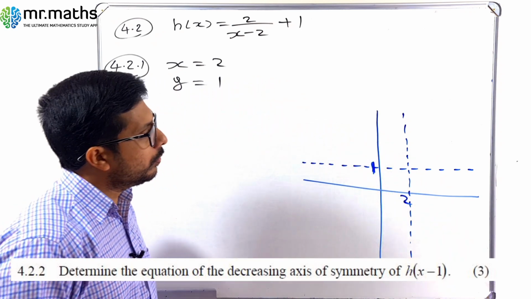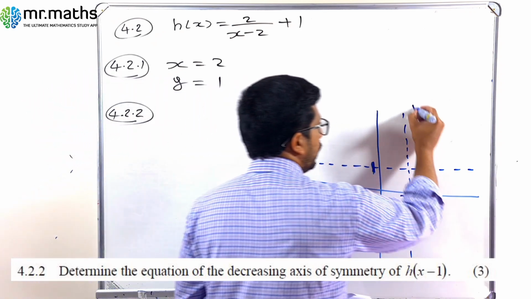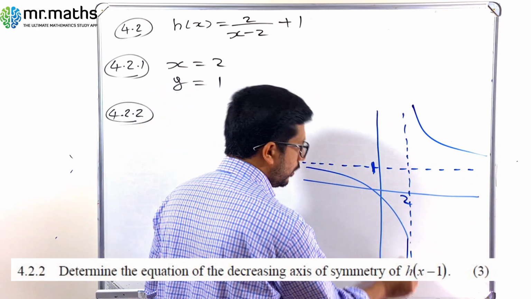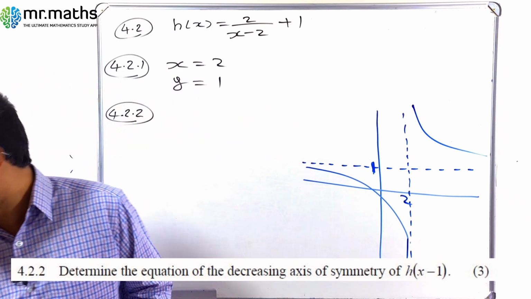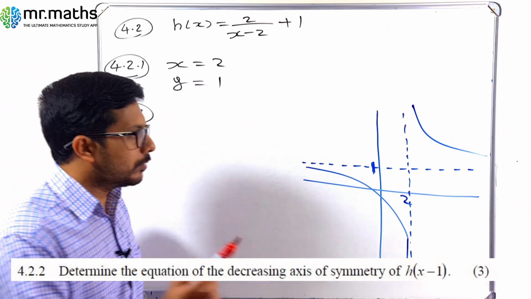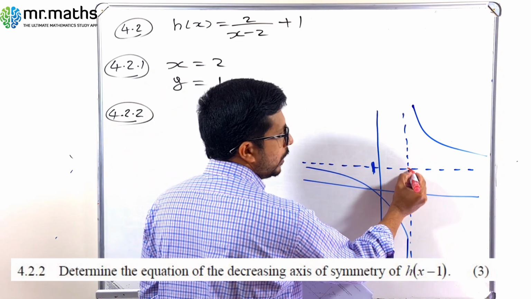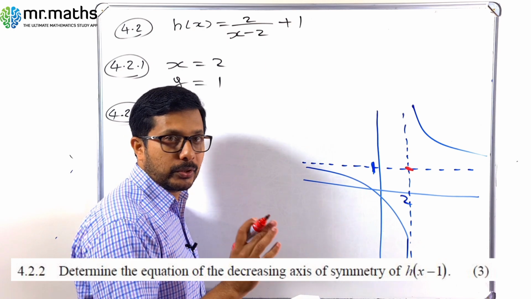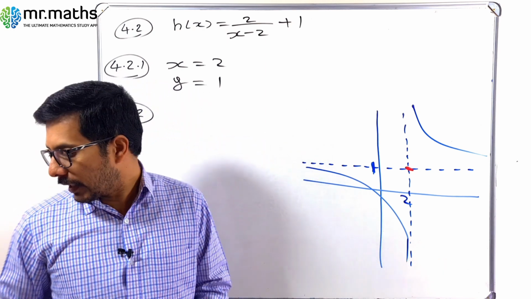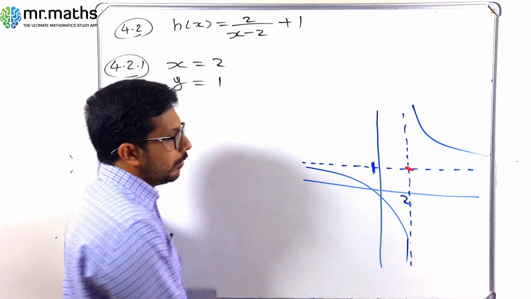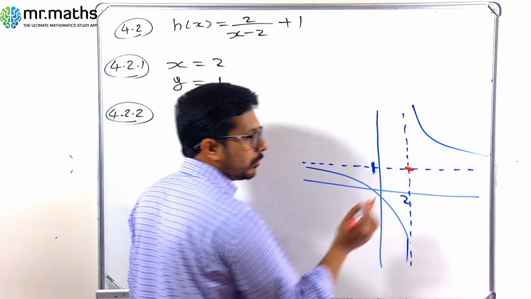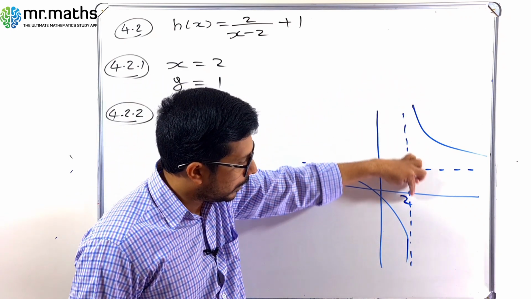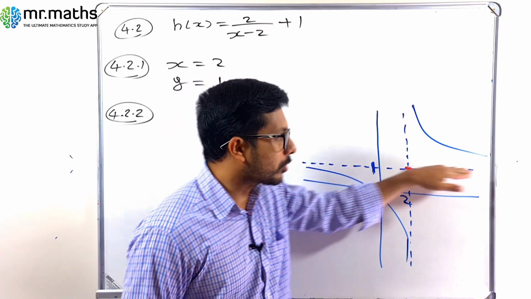For a hyperbolic graph there are two asymptotes, and also two axes of symmetry. Here you can see that this is the vertical asymptote and this is the horizontal asymptote.